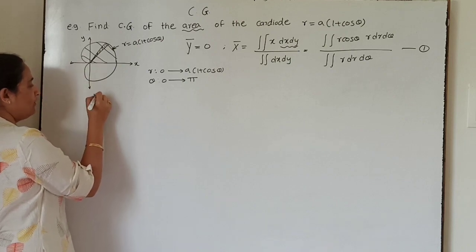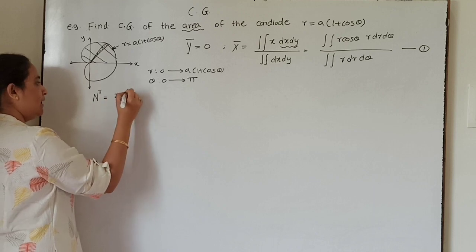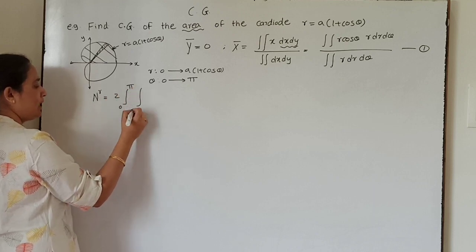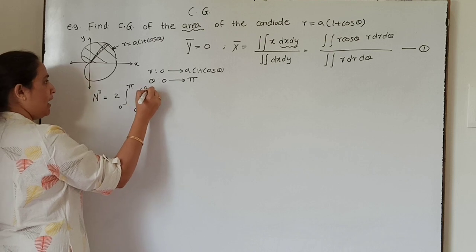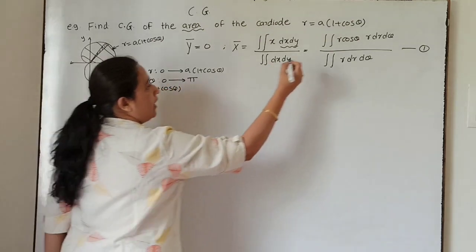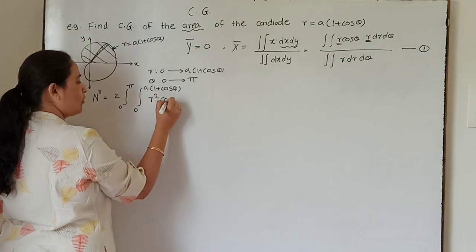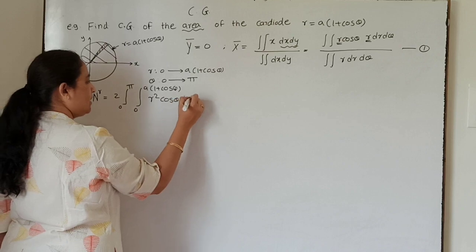So if I calculate the value of the numerator, numerator is equal to 2 times integration from 0 to pi. The second integral is from 0 to a in bracket 1 plus cos theta, r into r is r square cos theta dr d theta.